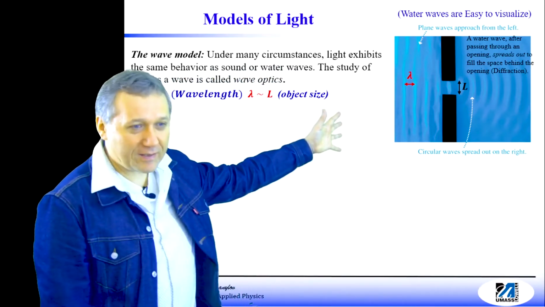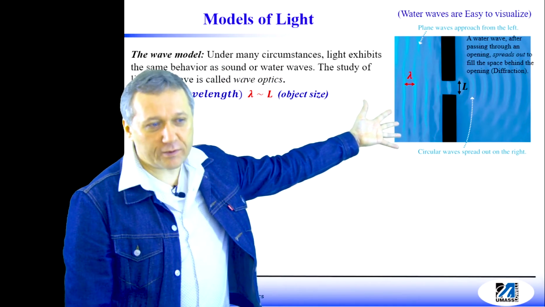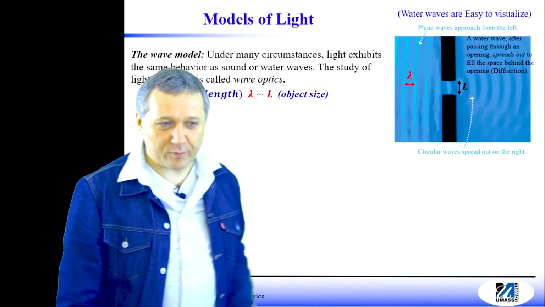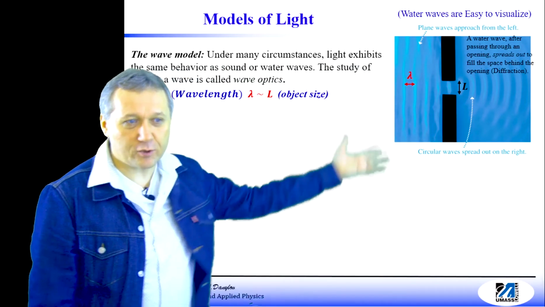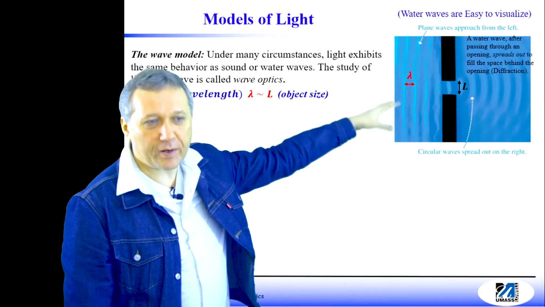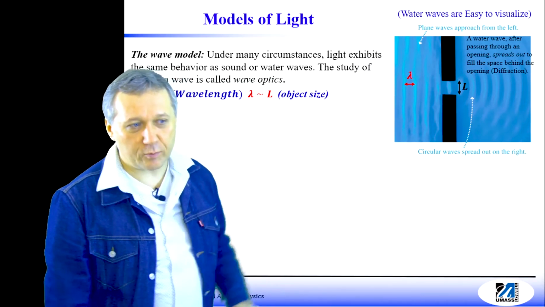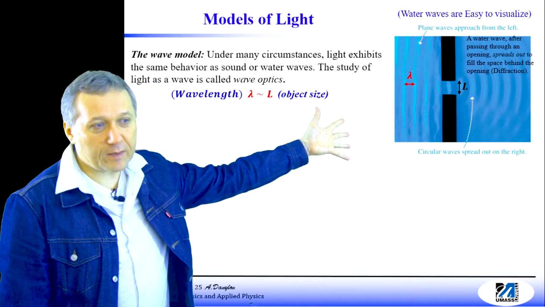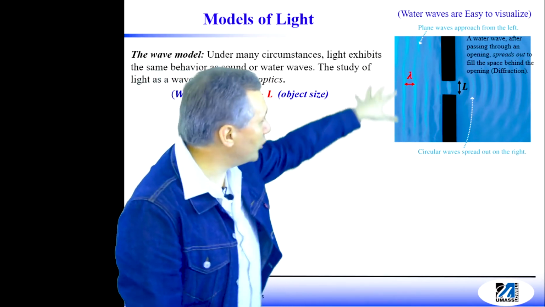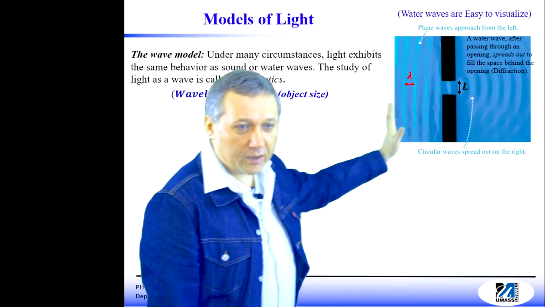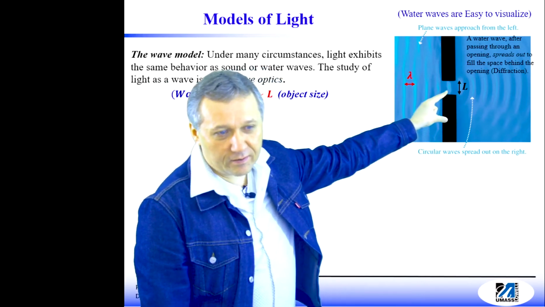So that's how you can get wave fronts like this. This is the example of a plane wave. But anyway, let's assume that these plane waves hit this opening.